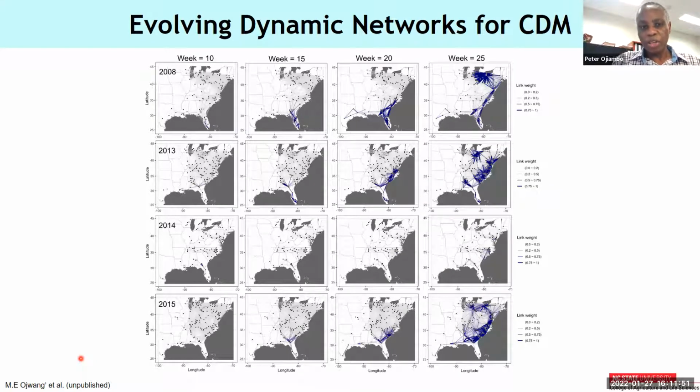And as I said before, epidemics are evolving from year to year, and we have differences in terms of the pathogen, the environment, the hosts that are being planted, and of course, the wind moving the inoculum back and forth is also very different. So invariably, you're going to have different networks over time as you realize different epidemics from, say, 2008 all the way to 2015.